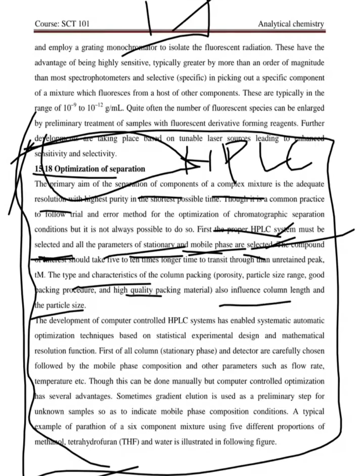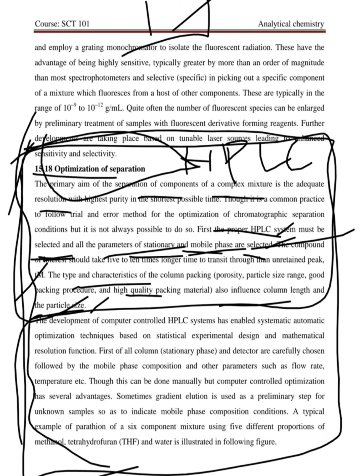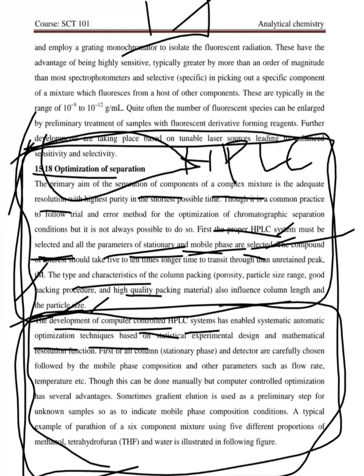This is also included. And there is the development of computer control. Previously this was done manually, and now we are going to select it using the computer. The development of computer controlled HPLC systems enabled system automation and optimization techniques based on statistical experiments.